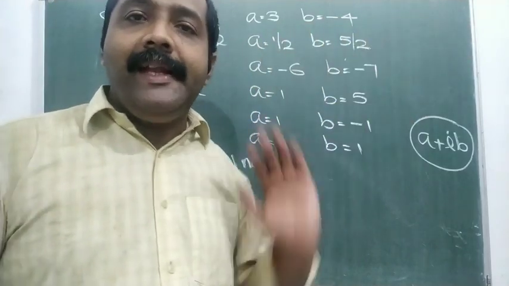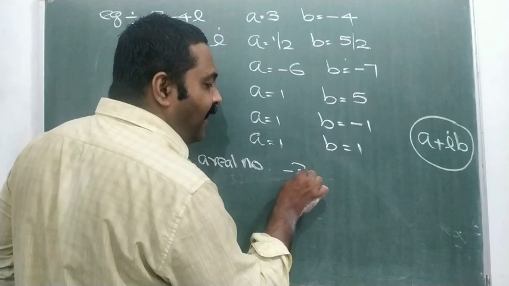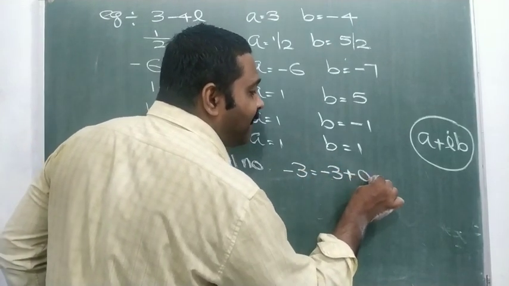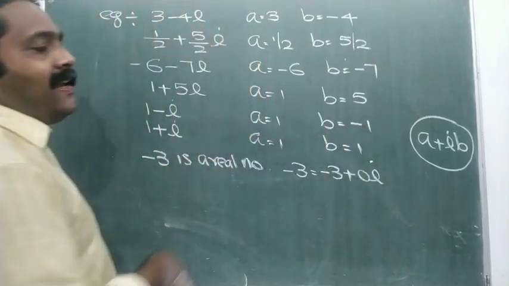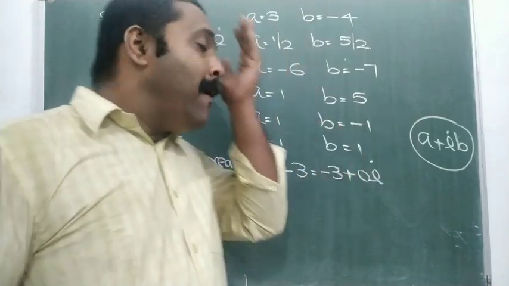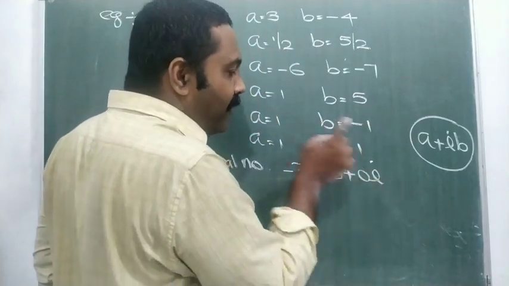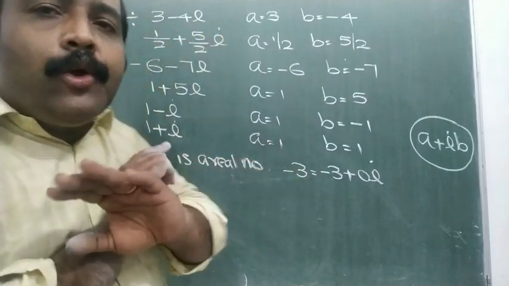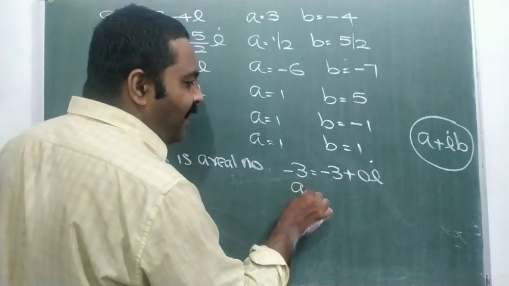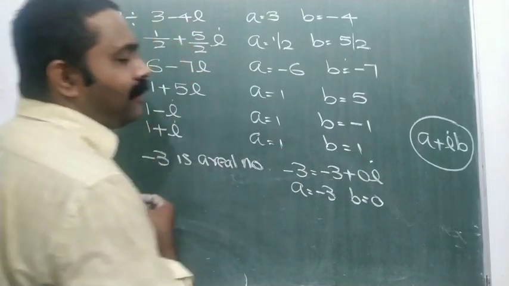Then minus 3 can be written in the form minus 3 plus 0i. 0 into something is 0. Therefore the absolute value of minus 3 does not change. Okay, then compare it. a is equal to minus 3 and b is equal to 0.